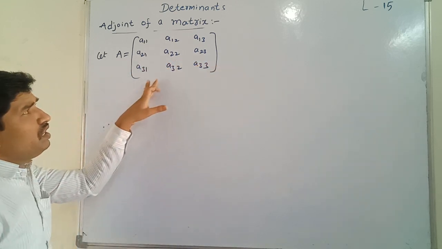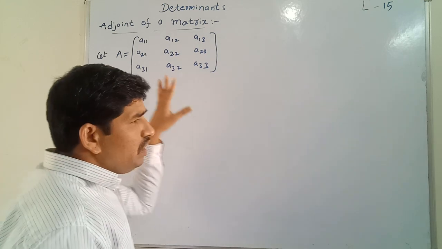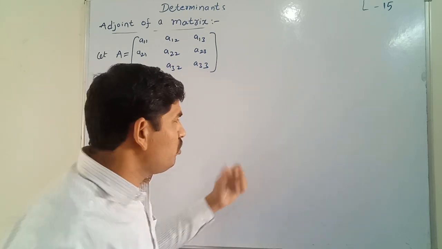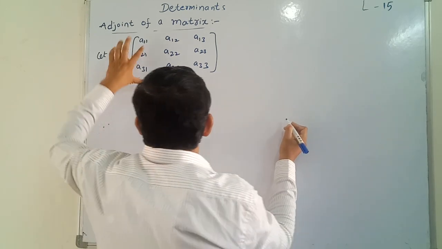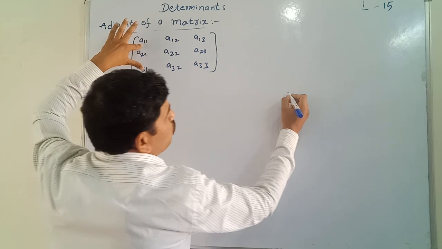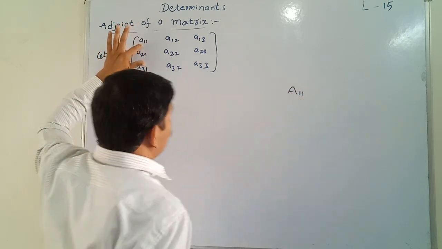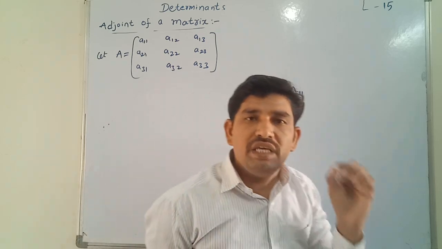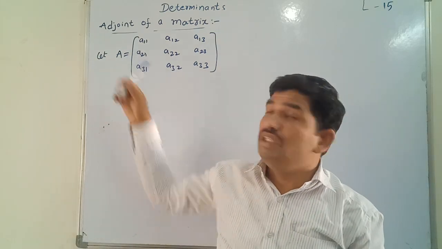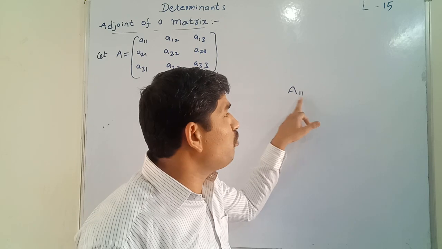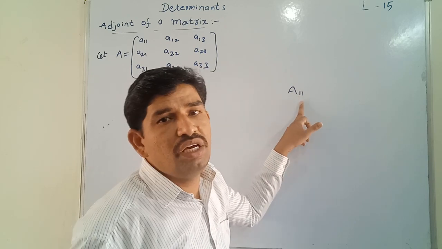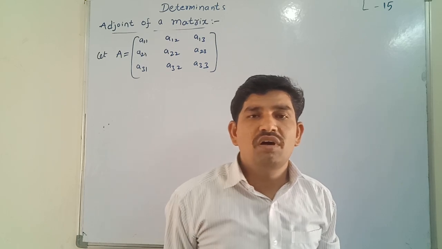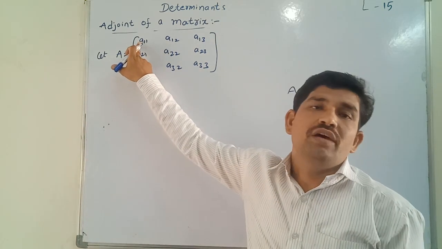Suppose I find the cofactors of this matrix. If you write the cofactor of a11, that is capital A11. The small a11 is the element belonging to the matrix A. The capital A11 is the cofactor of the element small a11.